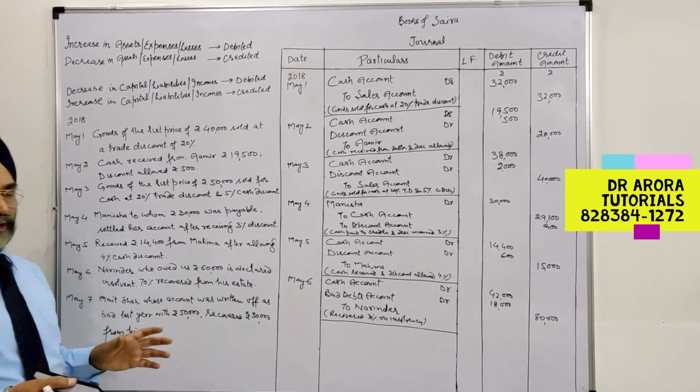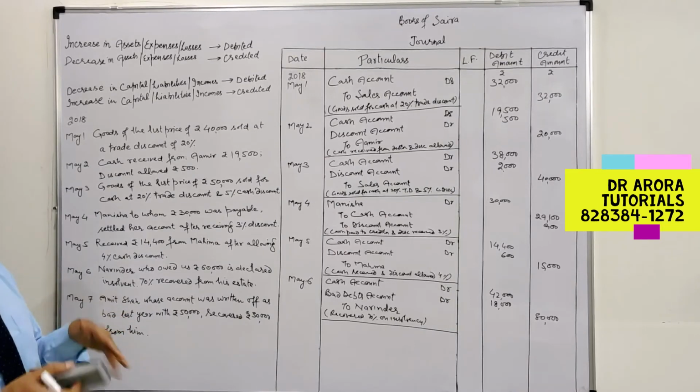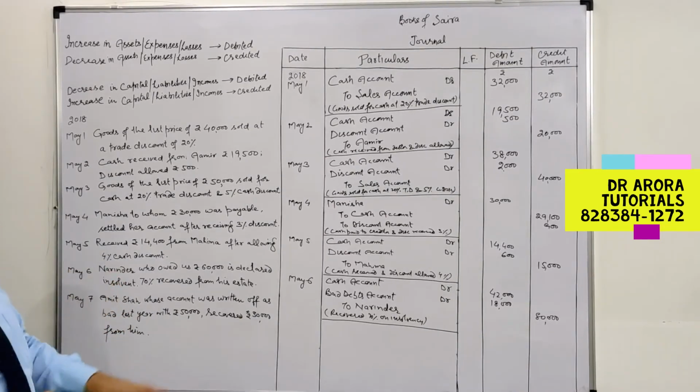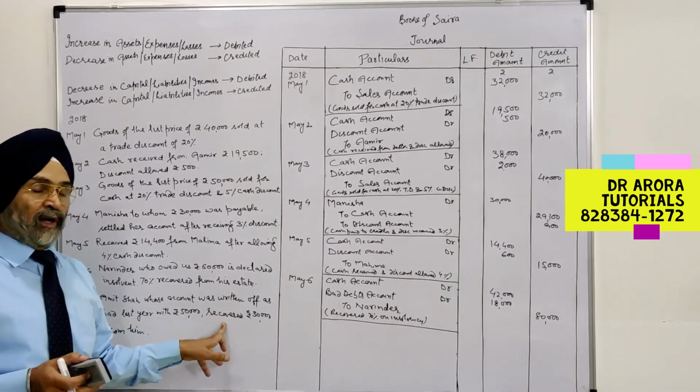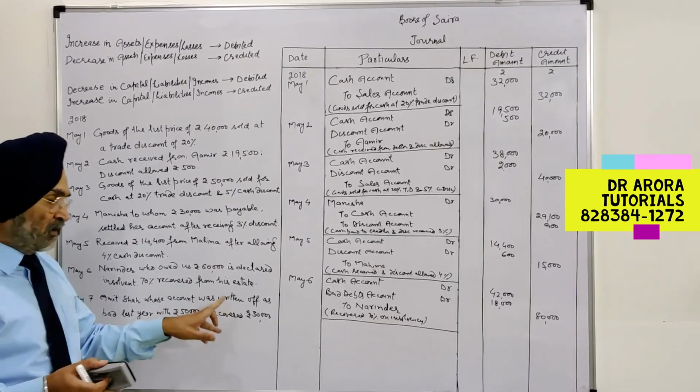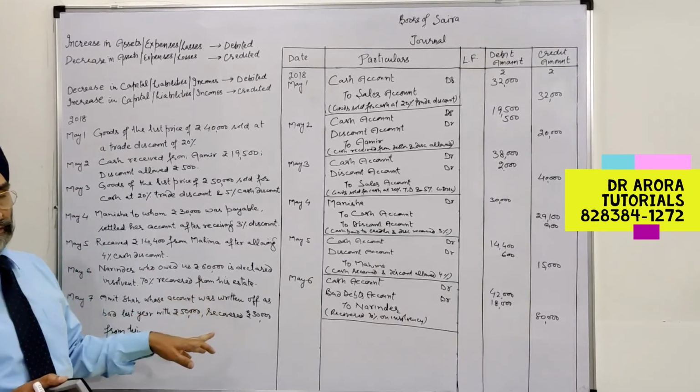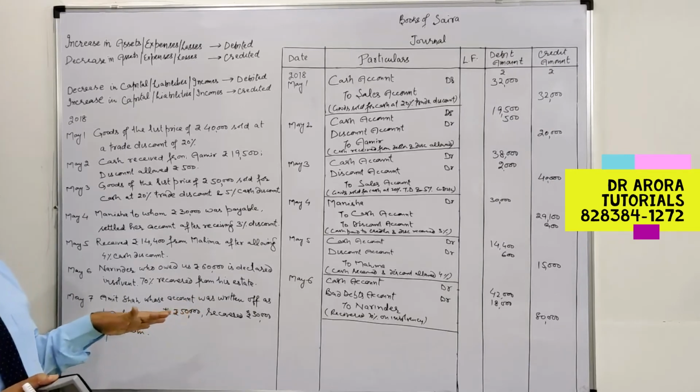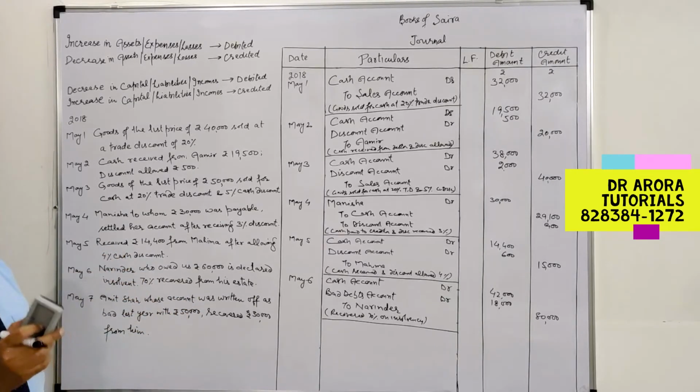Whatever amount we recovered, and the amount which is unrecovered, that is irrelevant, and we will pass the entry with the recovered amount only. And this recovered amount is our income to be recorded under the heading bad debts recovered account.